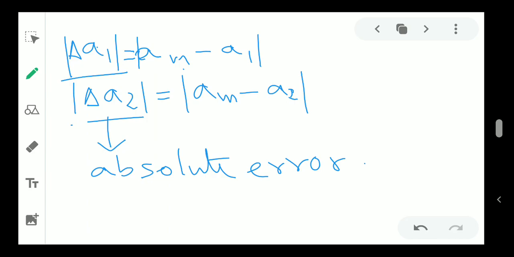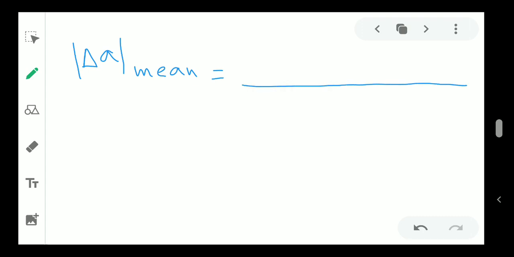Whenever I write the exact data, I cannot write all of these, so I will take one. Which one do we have to take? So we take again the mean of the absolute uncertainties. So the mean of absolute uncertainty will be my delta a mean, made of all of the absolute uncertainties.